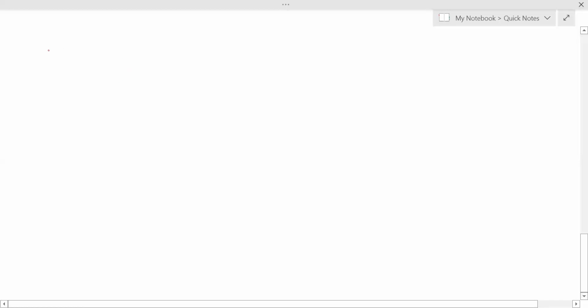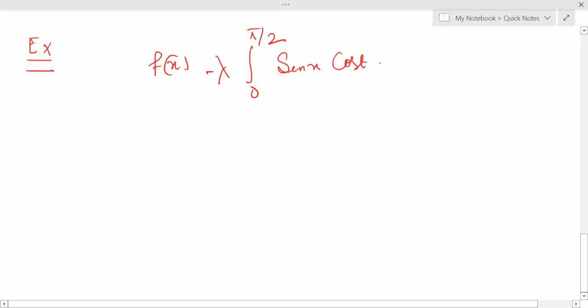We consider an integral equation example: f(x) minus lambda times the integral from 0 to pi by 2 of sin x cos t f(t) dt is equal to sin x.